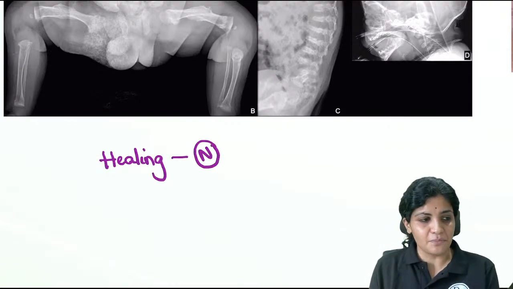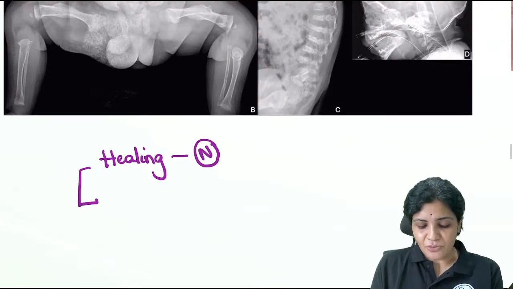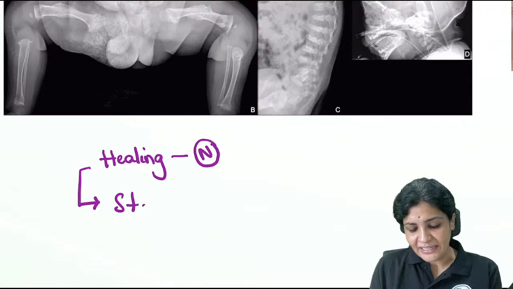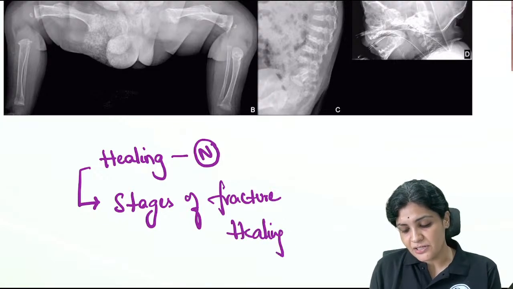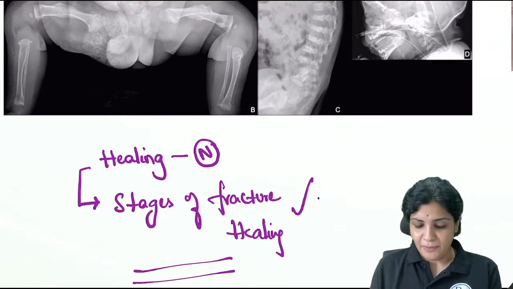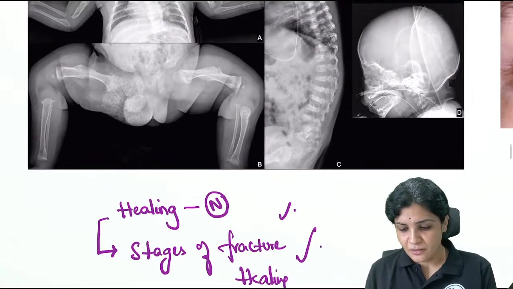So healing, please remember, it is normal. However many fractures happen to the baby, they would heal normally. And whenever you take an x-ray, you can see various stages of fracture healing in these patients of osteogenesis imperfecta. Understood?